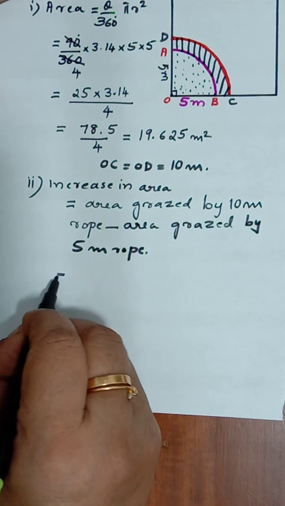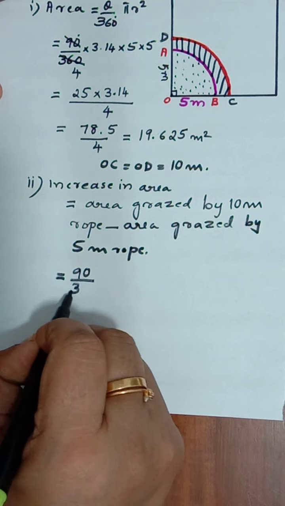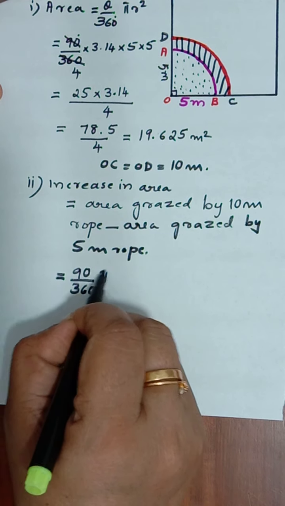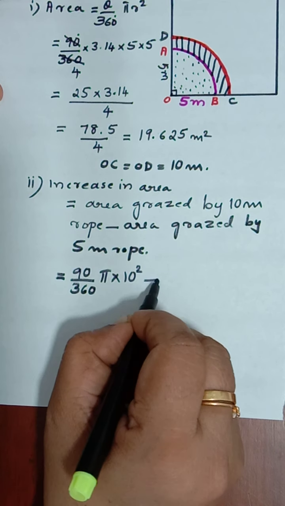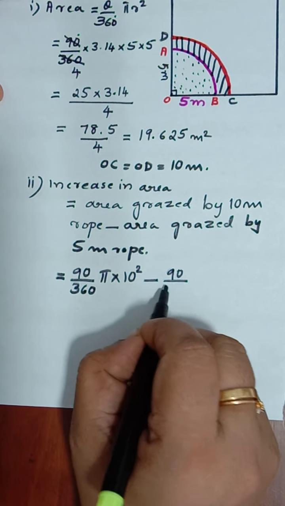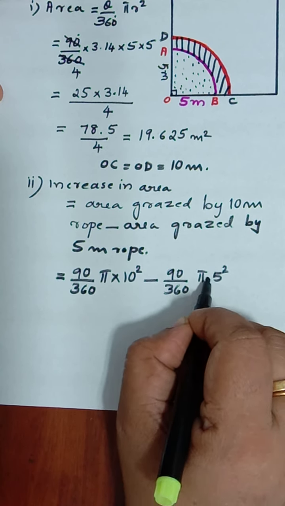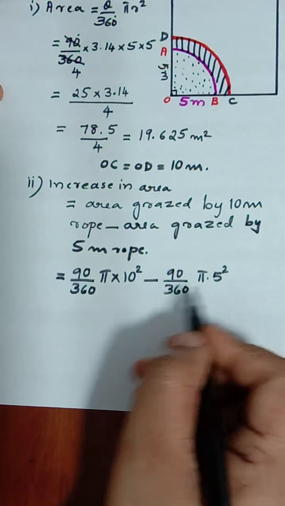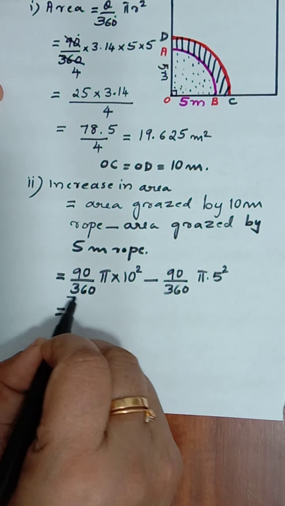That's equal to theta by 360, that is 90 by 360 into pi into radius is 10. Here we have 10 square minus again theta by 360 into pi into 5 square. Already this we have found out. It's okay. You can write once more, no problem. Here we have common values.